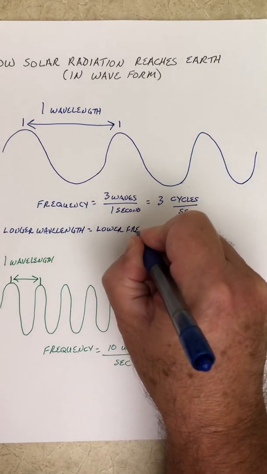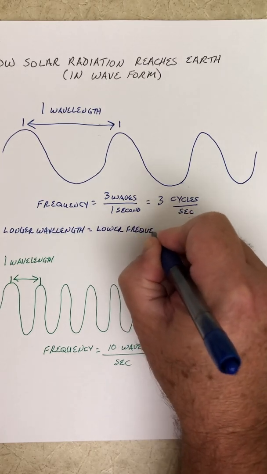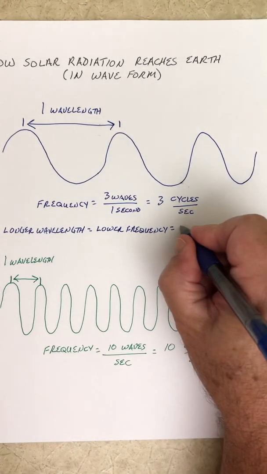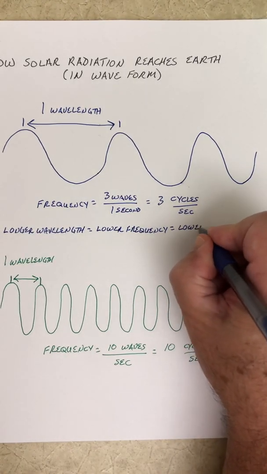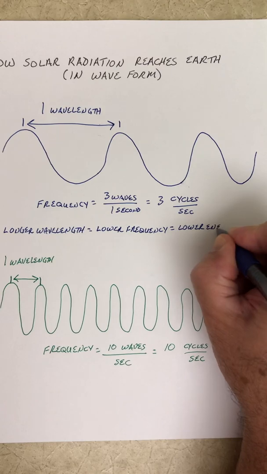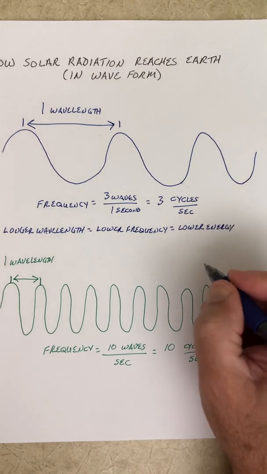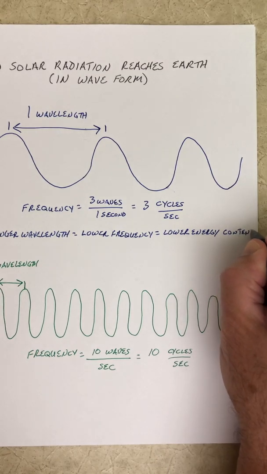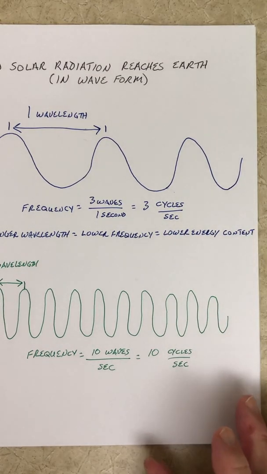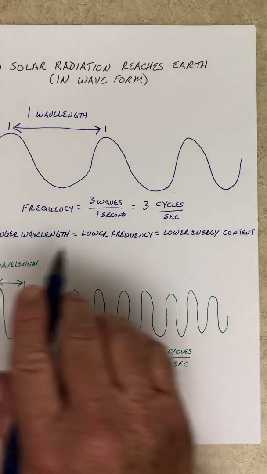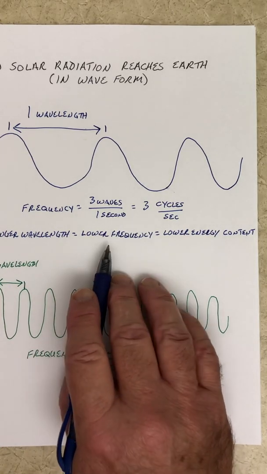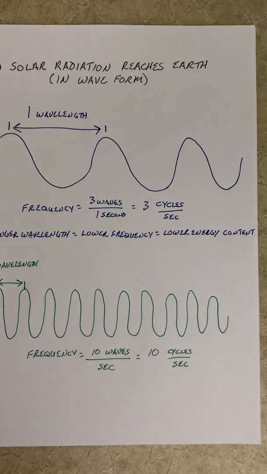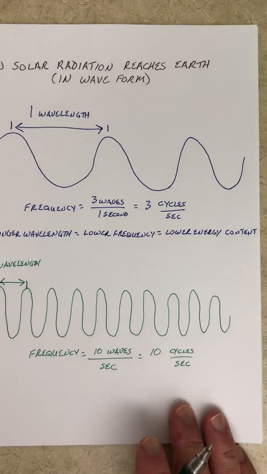And the importance of that is that the lower the frequency, the lower the energy content of that form of radiation. So a longer wavelength results in a lower frequency, and a lower frequency means that radiation has a lower energy content. Okay, so let's turn that around then.